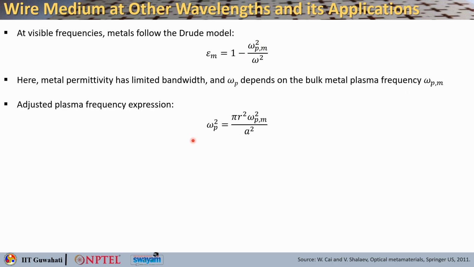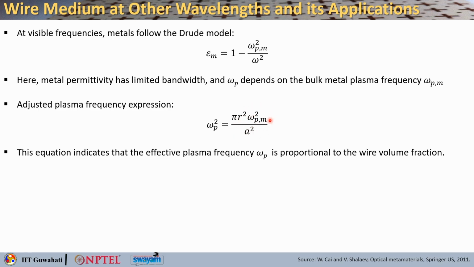So, you can adjust, because you are now in the metal wire array, you will see that you will have an adjusted plasma frequency expression, where this term can be replaced by omega p squared, because instead of this you are now having a volume fraction, okay, that is pi r squared divided by a squared times this metal plasma frequency, right.